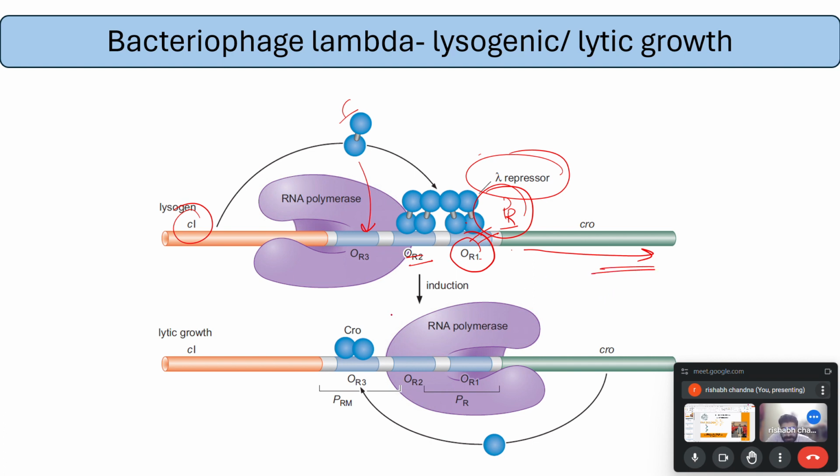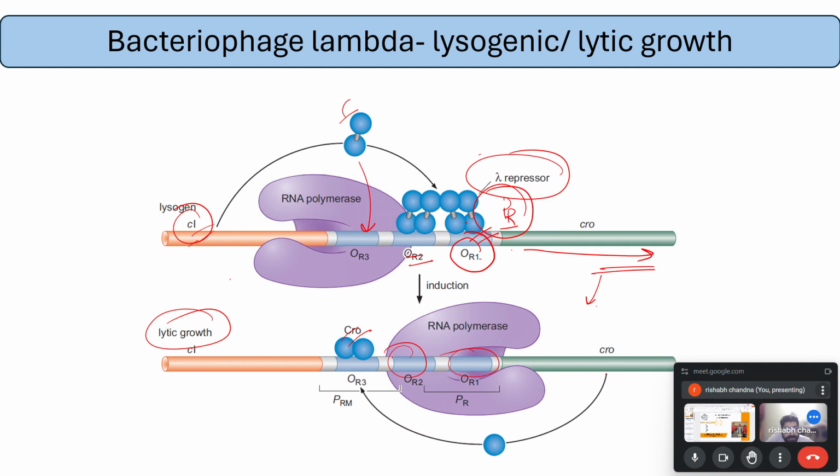Now when CRO is in high concentration as compared to C1, that means the lytic cycle has to be followed. In that case, the CRO protein will bind to OR3 first, followed by OR2, followed by OR1.